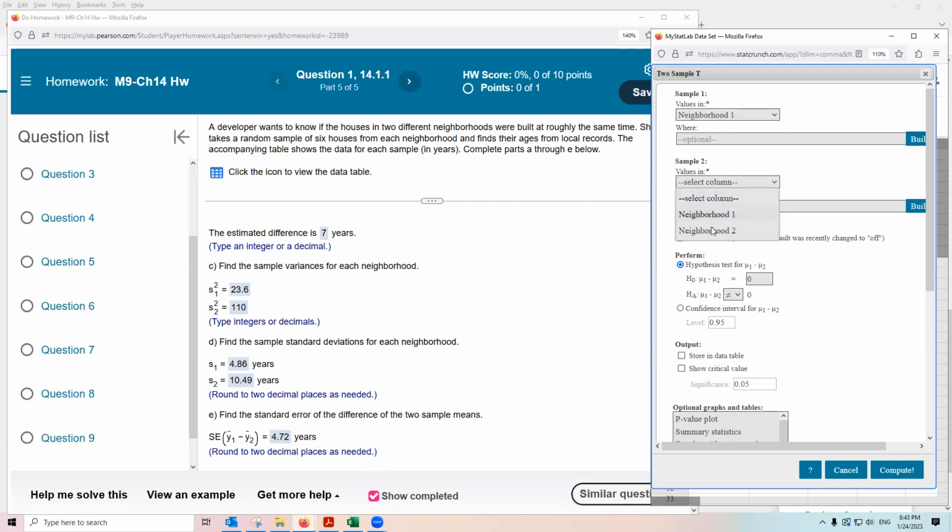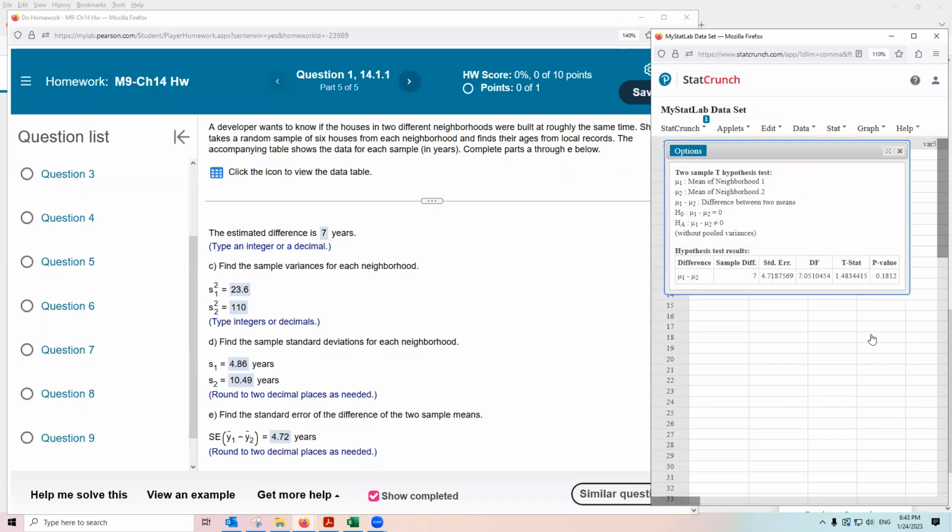What values are in column 2, neighborhood 2. And I'm going to leave this check where it says perform a hypothesis test. And I'm going to just click compute. And if you notice, here is the standard error calculated for me by StatCrunch. It's 4.72. All right, so that's a quick example of the difference between two means.